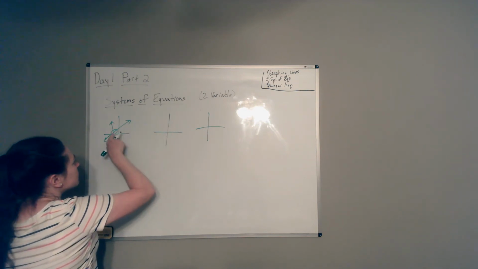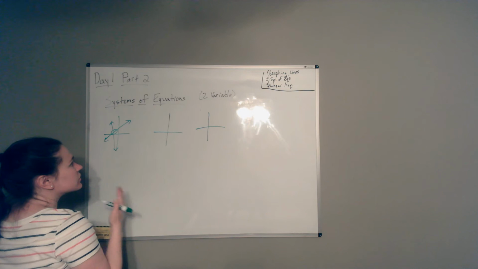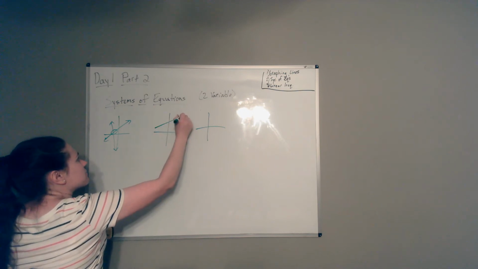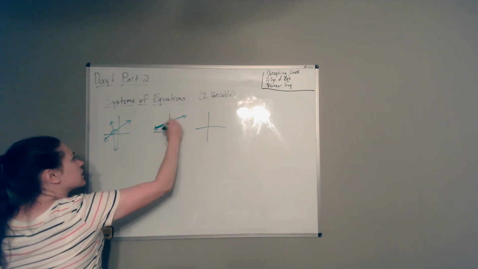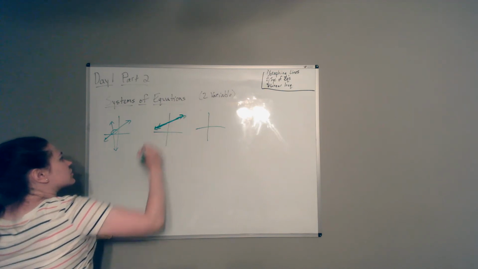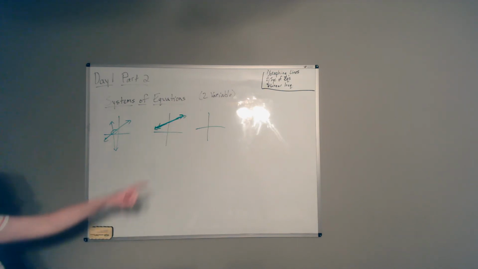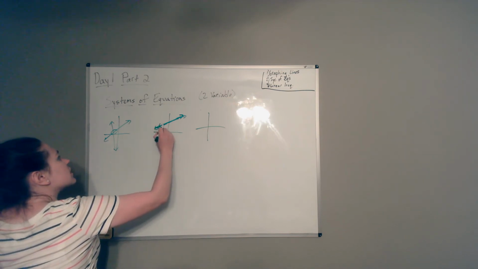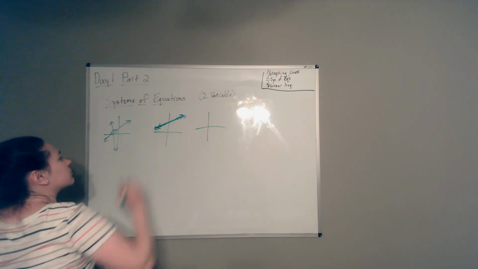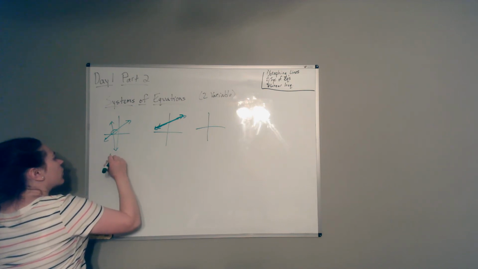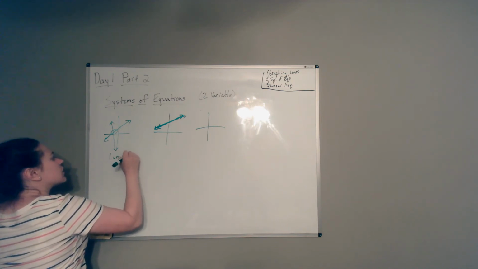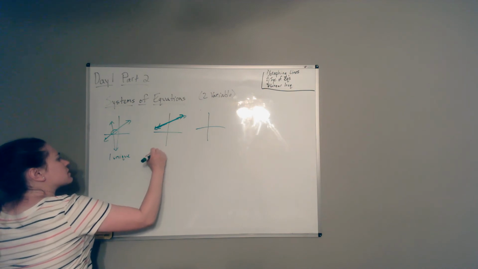But you don't have to have 2 lines always just crossing once. If they're the same line, then they're sitting on top of each other, which means every single coordinate point on the line is an answer. So instead of one unique answer, you get infinitely many.